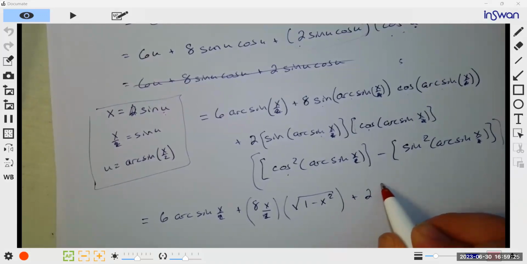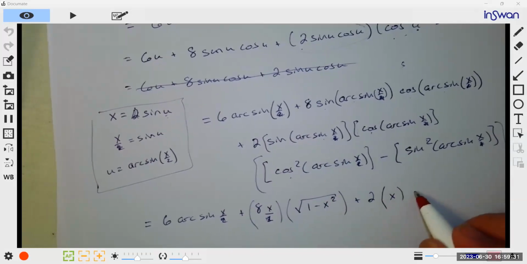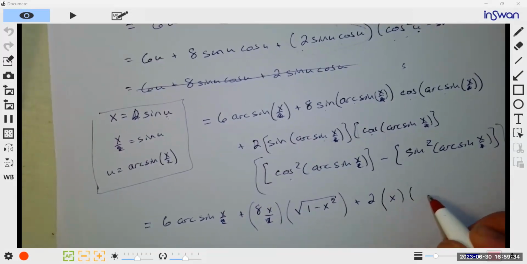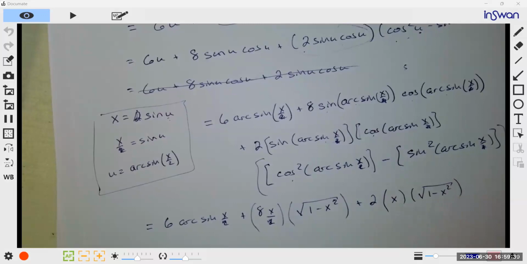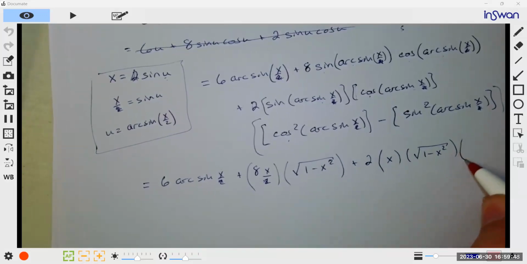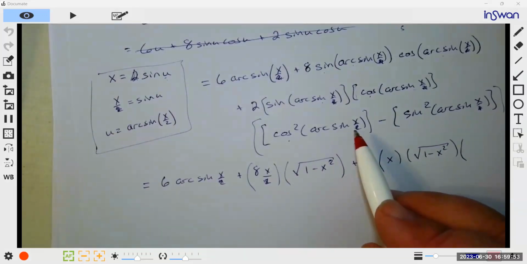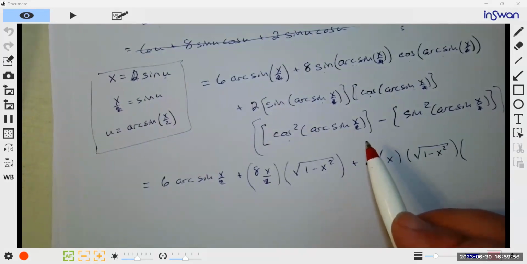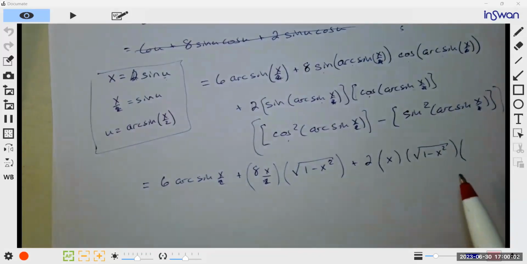Plus 2 sine arcsine is x times cosine, which is the square root of 1 minus x squared, times 2x.